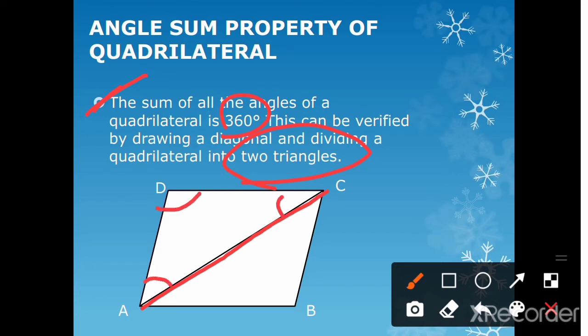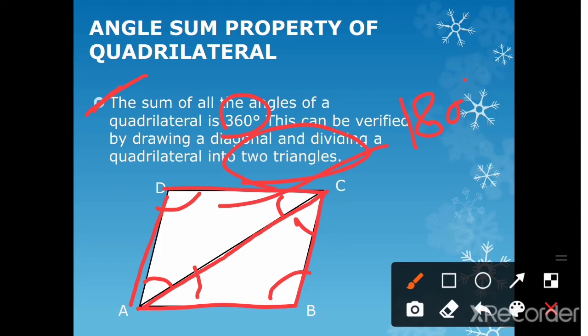I have already discussed the angle sum property in the triangle topic: the sum of all interior angles of a triangle is equal to 180 degrees. Similarly, the other triangle, triangle ABC, also has interior angles summing to 180 degrees. Adding both together, finally we get the result that the sum of all interior angles of a quadrilateral is equal to 360 degrees.